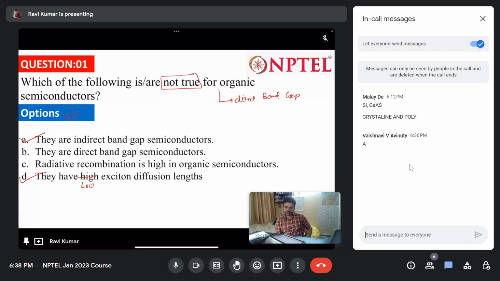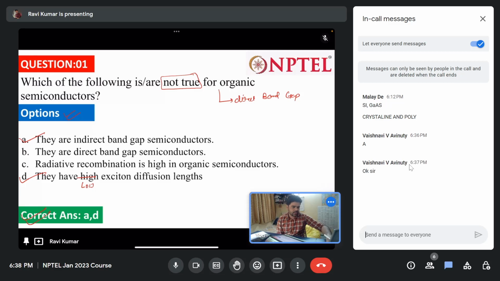Yes, a low diffusion length. Okay, Vaishnavi, you are also right. You are saying option A, but there is another option as well, option D. Okay, so A and D are the correct answers here.